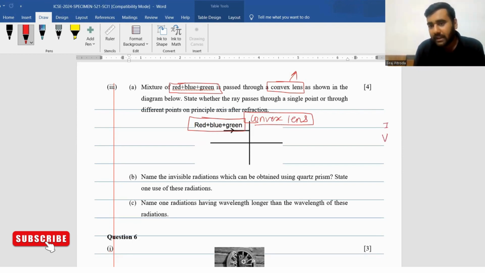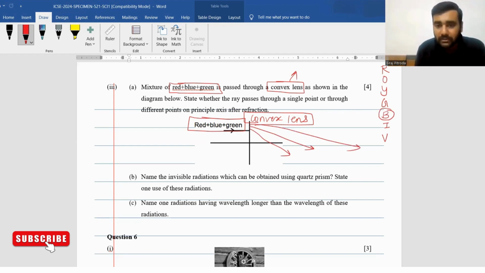VIBGYOR. The color which deviates the most will be blue. So first I will have blue, then green, and then technically red on the principal axis. So here I have blue followed by green followed by red.